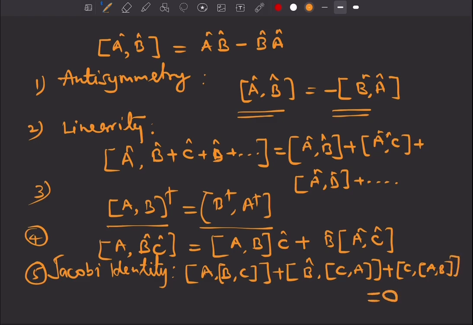This is known as the Jacobi identity. Next property is that operators commute with scalars. That is, the commutation relation of A with a scalar B is 0. So these are some basic properties of commutators.